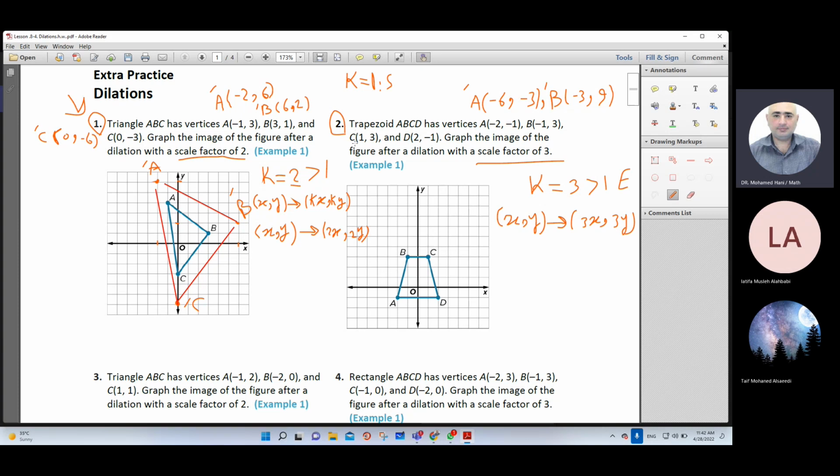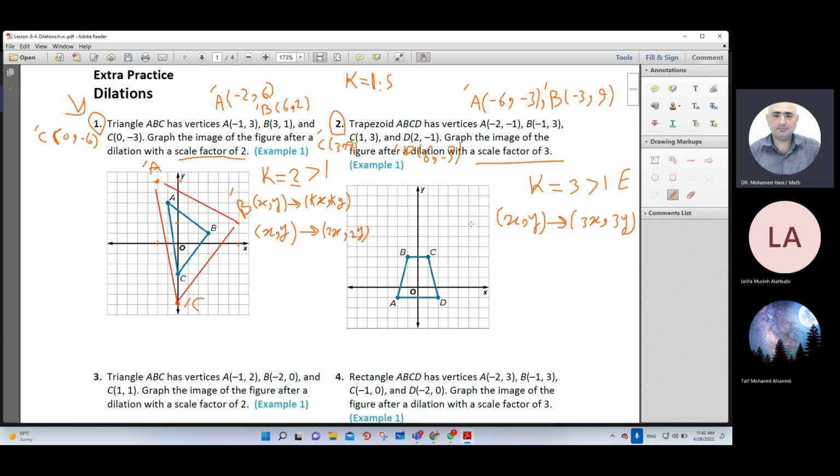And here we have C prime, multiplied by 3. 1 times 3 is 3, and 3 times 3 will be 9. And here we have D prime. 2 times 3 will be 6, and minus 1 times 3 will be minus 3.